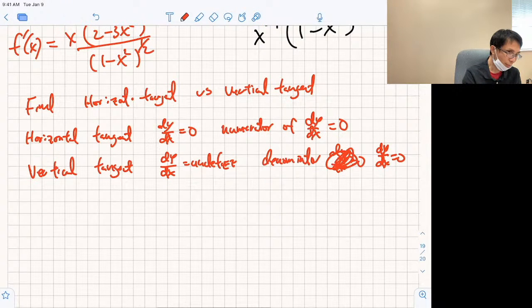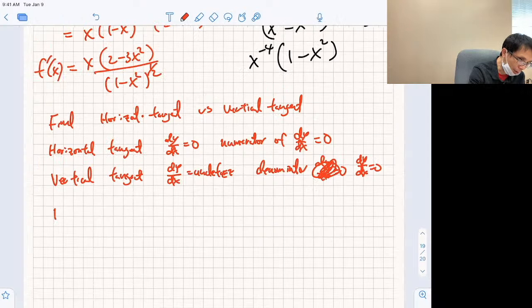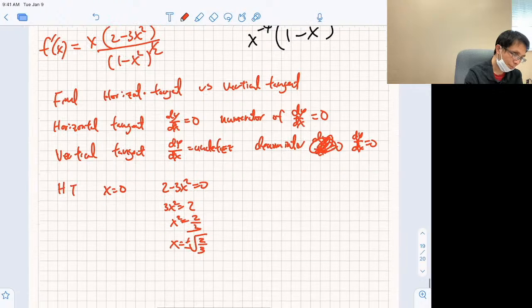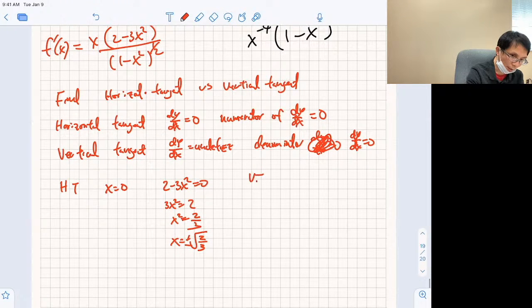So in this case, you have a horizontal tangent at x equal to 0, as well as 2 minus 3x squared equal to 0, which is 3x squared equal to 2, x squared equal to 2 over 3, x equal to plus minus square root 2 over 3. So that's horizontal tangent. A vertical tangent is 1 minus x squared equal to 0, 1 equal to x squared, x equal to plus minus 1.